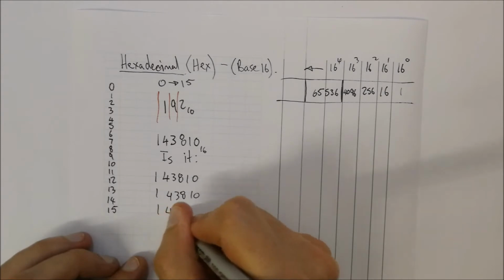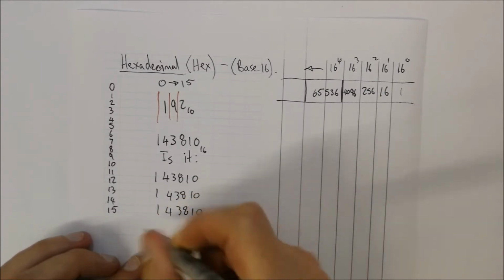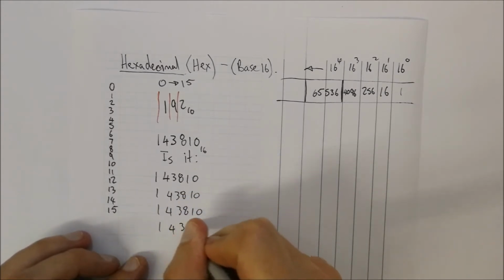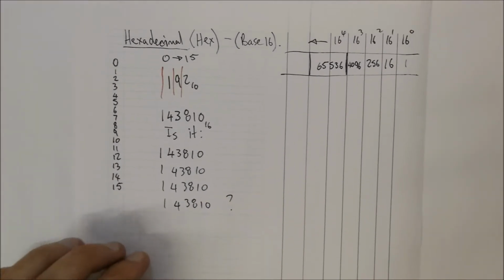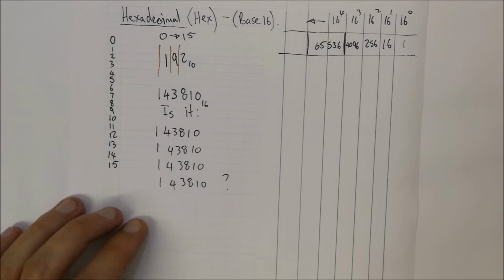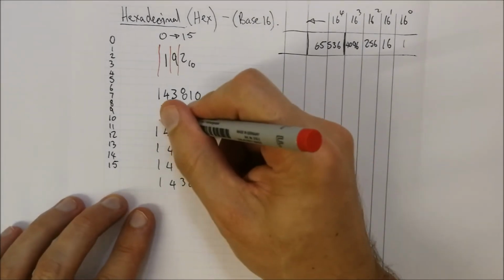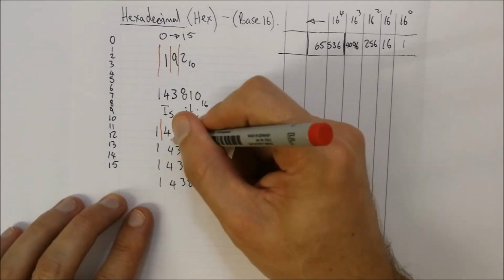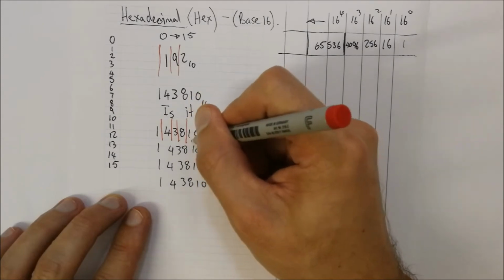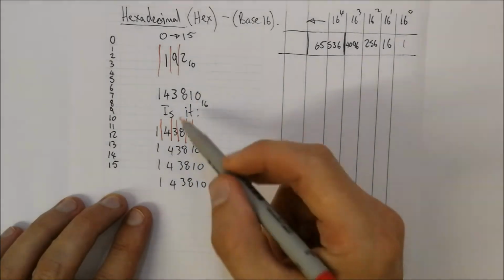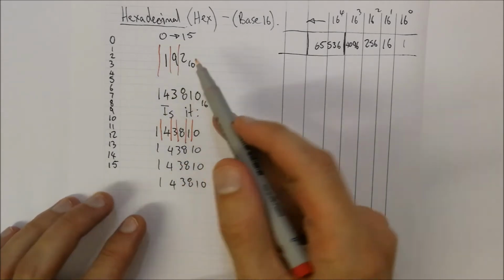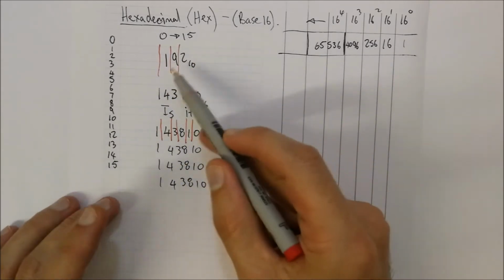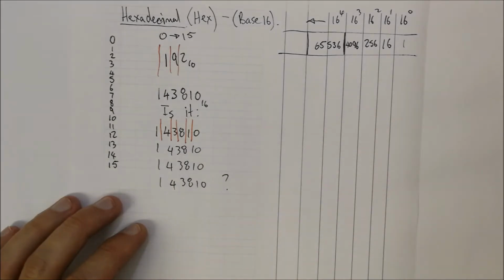So the question is, is this equal to 143,810 as we separated the different digits, or I'm going to refer to them as characters now, for the base 10 number?